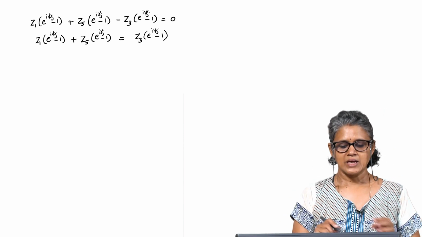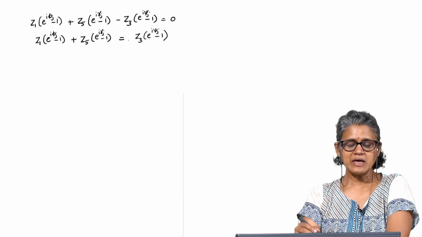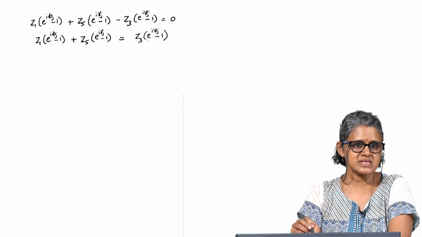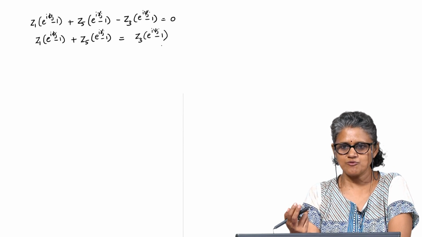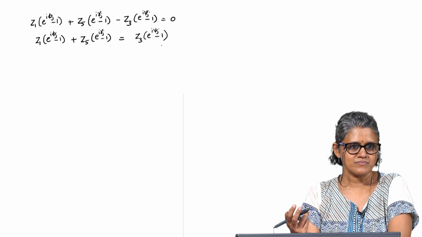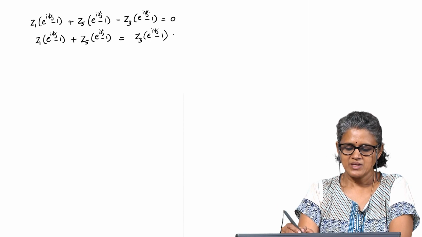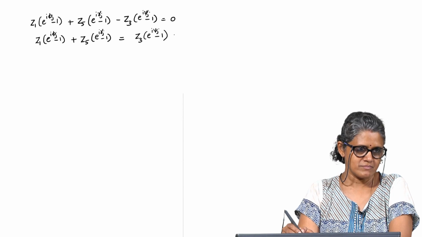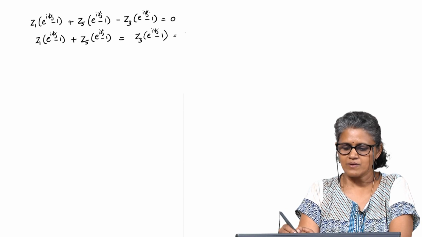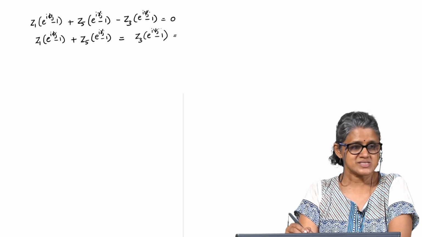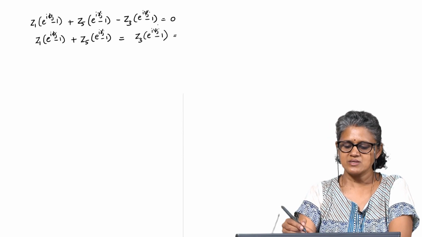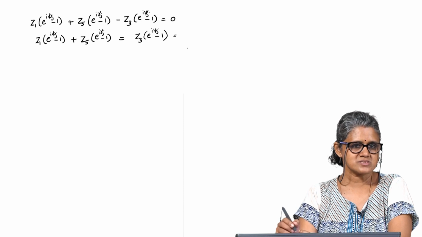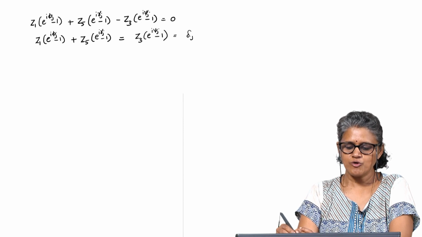Now, if I choose z3 as one of my free choices, to use up 2 of my 3 choices, psi j is known because it is a function generation problem, I am given this. So, this right side becomes of the form delta j.